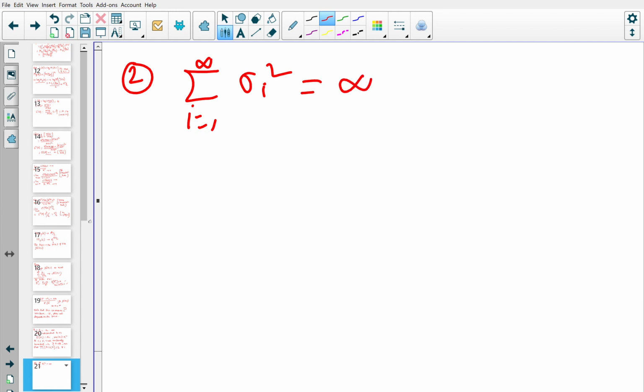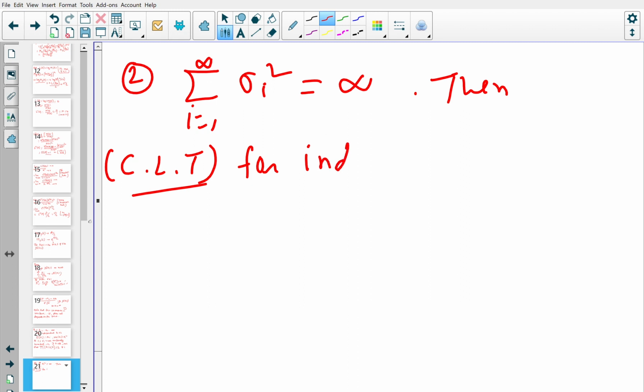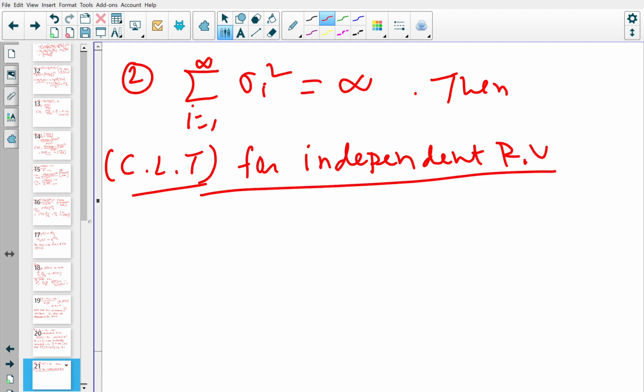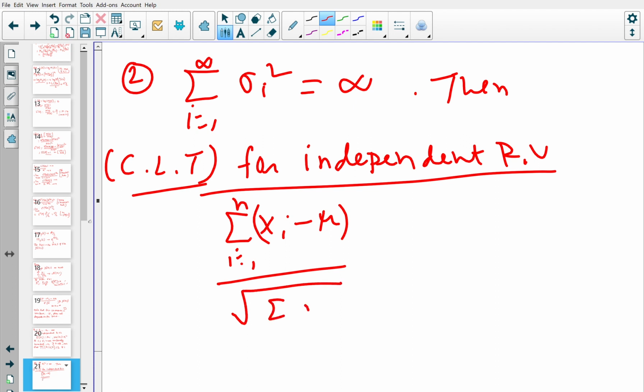If these two conditions hold, then you have a central limit theorem for independent random variables, which tells you that the quantity (X_i minus mu_i) summed up, after you shift the origin, and then normalized by the root over the summation of sigma_i square, the variance of the sum because of independence, follows this.